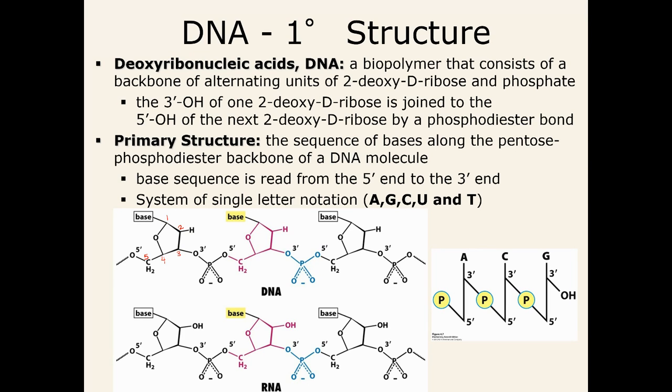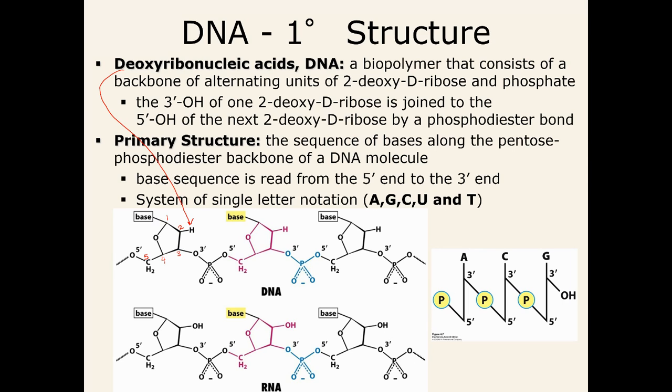Okay, so carbon 1 is always attached to the base. On carbon 2, it's just an H. So this is deoxyribose. Okay. Carbon 3 had the OH, but now it's attached to a phosphate on the other nucleotide.